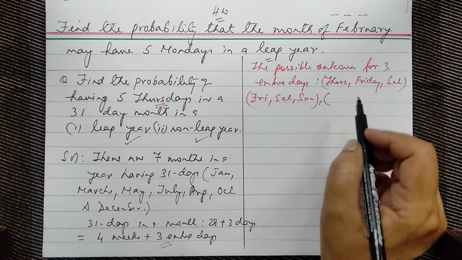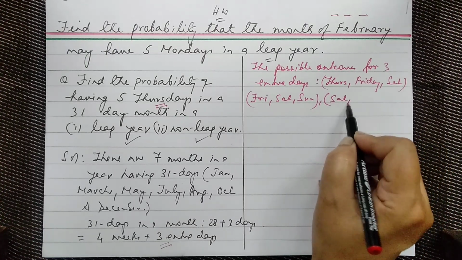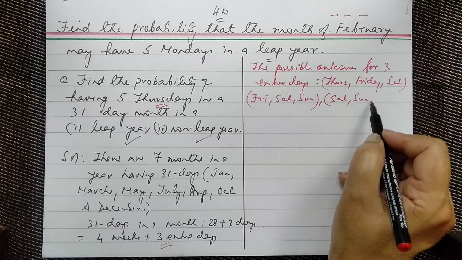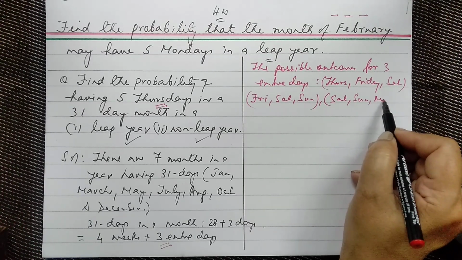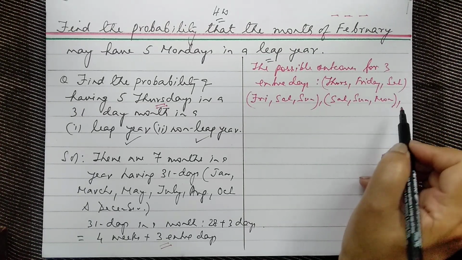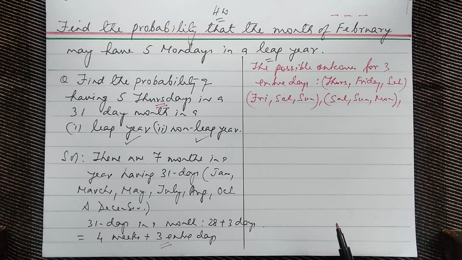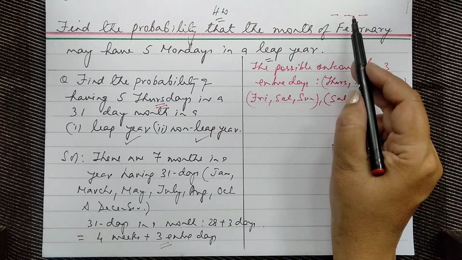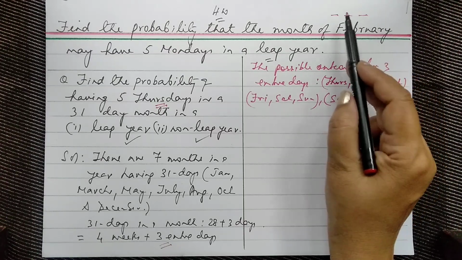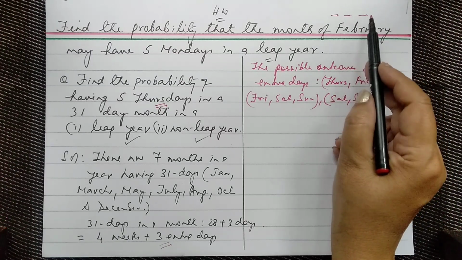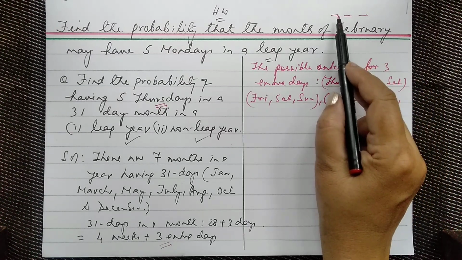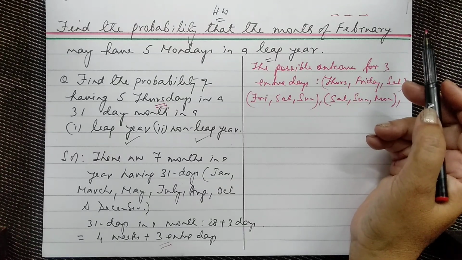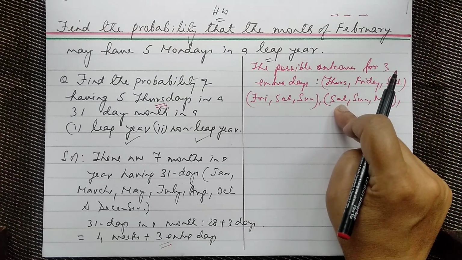If there was Saturday there, definitely the next day would be Sunday and then Monday. Are you getting it? So Thursday, Friday, Saturday, or if it begins with Friday, Saturday, Sunday, or Saturday, Sunday, Monday.